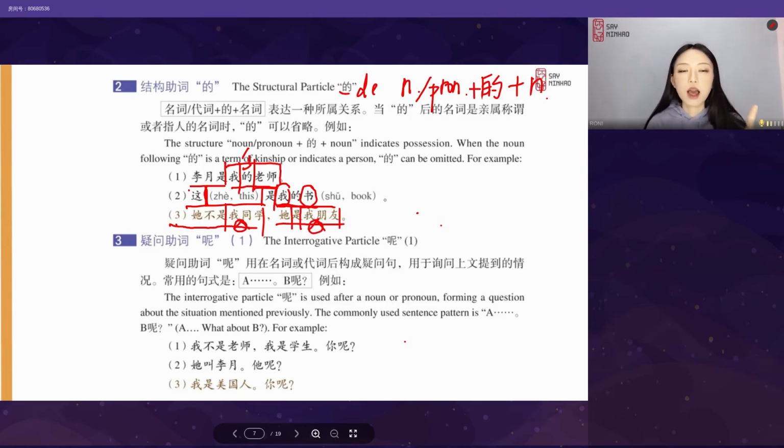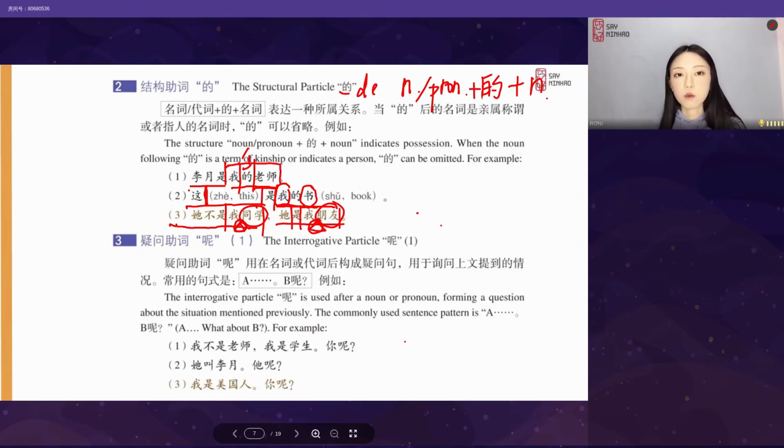Why? Because when the noun or pronoun after 的 is a kinship term or indicates a person, then 的 can be omitted. Okay? 同学 here, classmate, is a person, right? 朋友, friend, is a person too. That's why we omitted 的 here.